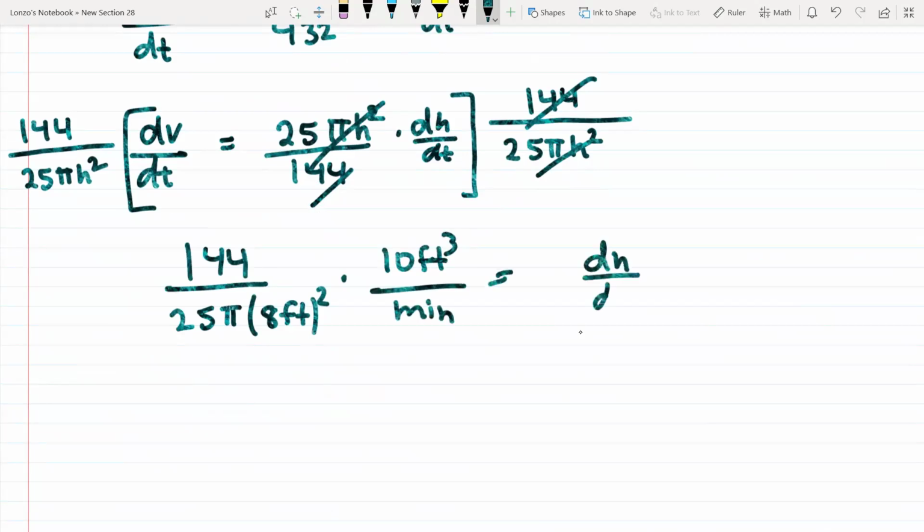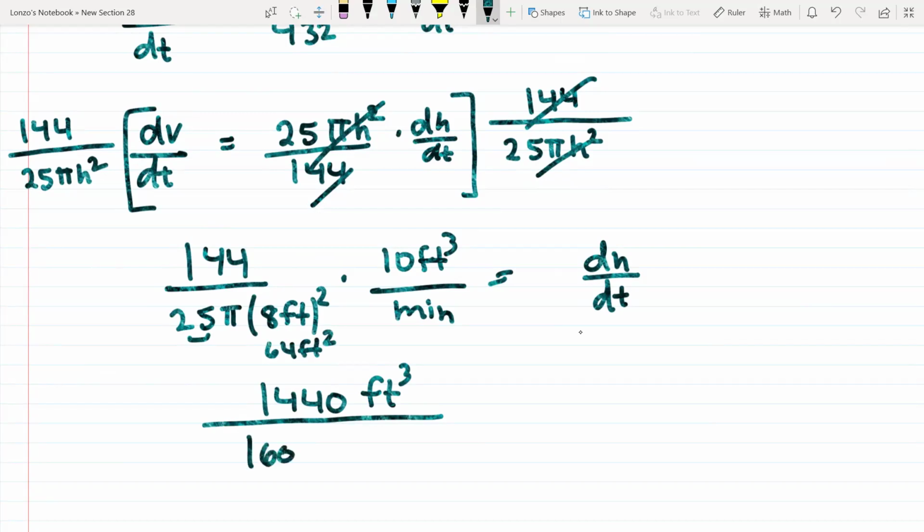So when you put it all together, 144 times 10, that's 1440 feet cubed. And then on the bottom, 25 pi times 8 squared. Well, 8 feet squared is 64 feet squared. Times 25, that'll be 1600 pi, and then you have feet squared per minute.